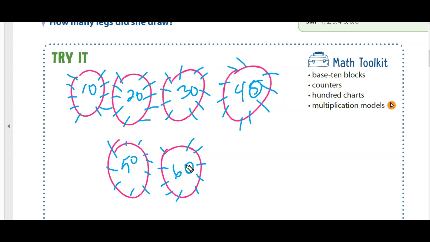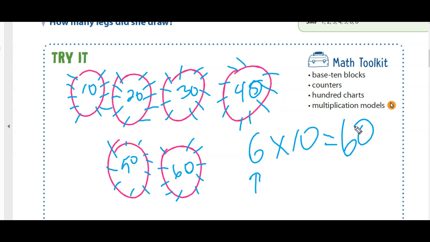What would be my multiplication equation? 6 times 10. 6 tells me how many bugs I have, or how many groups. Times 10 is how many legs each one has. So 6 times 10, we said that was 60. And look, we can use base blocks, counters, 100 charts, multiplication models. We just use equal groups.